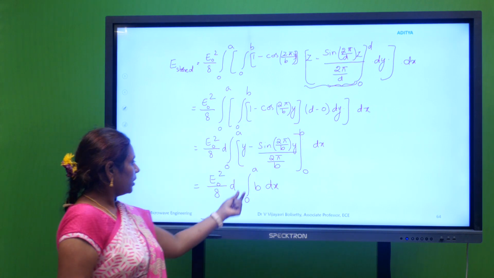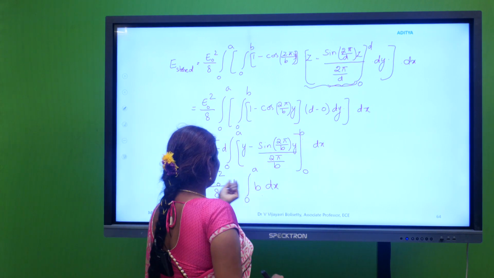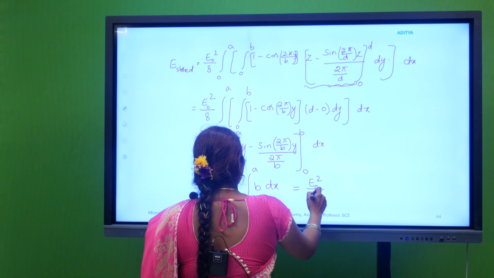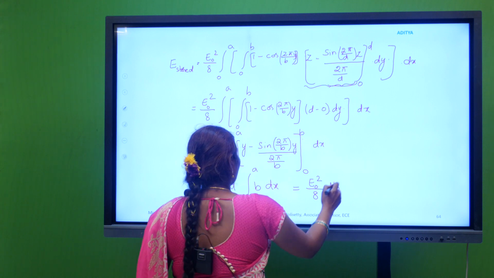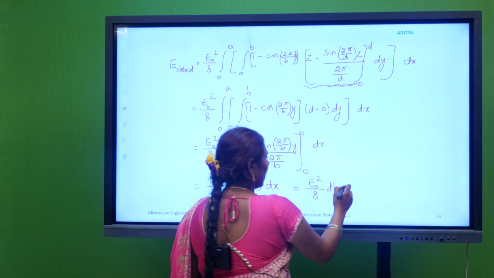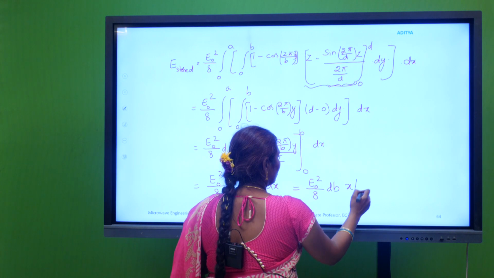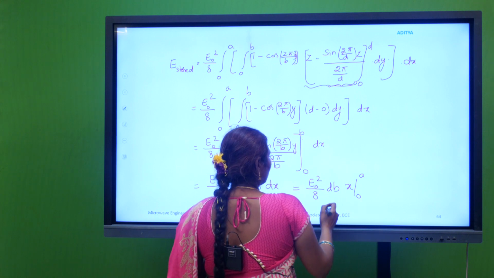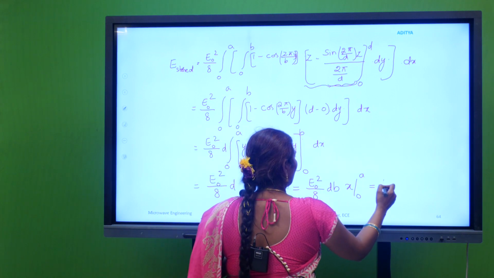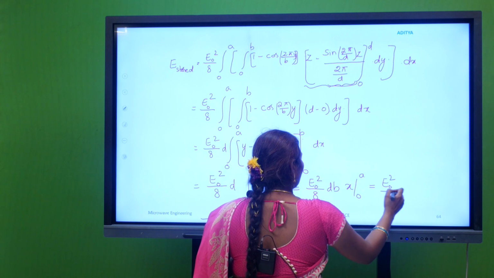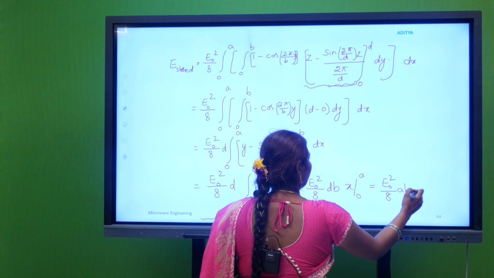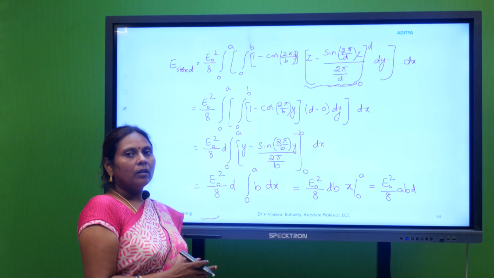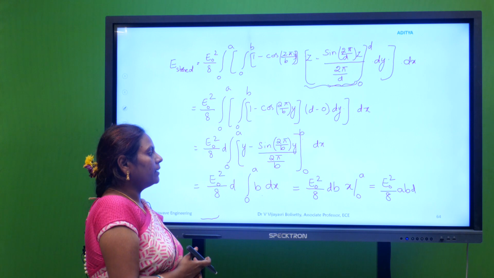If you bring this b to this side, you get E naught square by 8 d b, integral dx, that is x over the range 0 to a, which is a minus 0, that is a. So the energy stored is equal to E naught square by 8 a b d. abd is the volume.